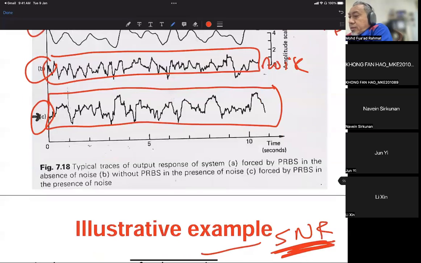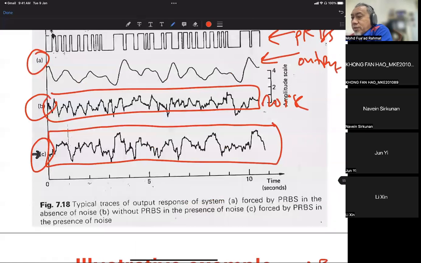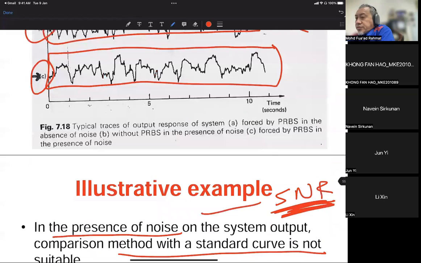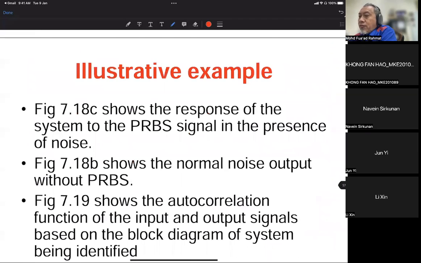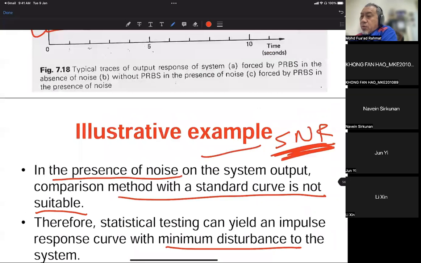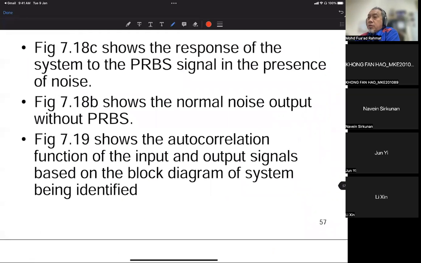This is data taken over about 12 seconds for the gray box system with the input excitation PRBS 63 bit. So figure C shows the response of the system to the PRBS signal in the presence of noise, and figure 7.18B is the normal noise output without PRBS.